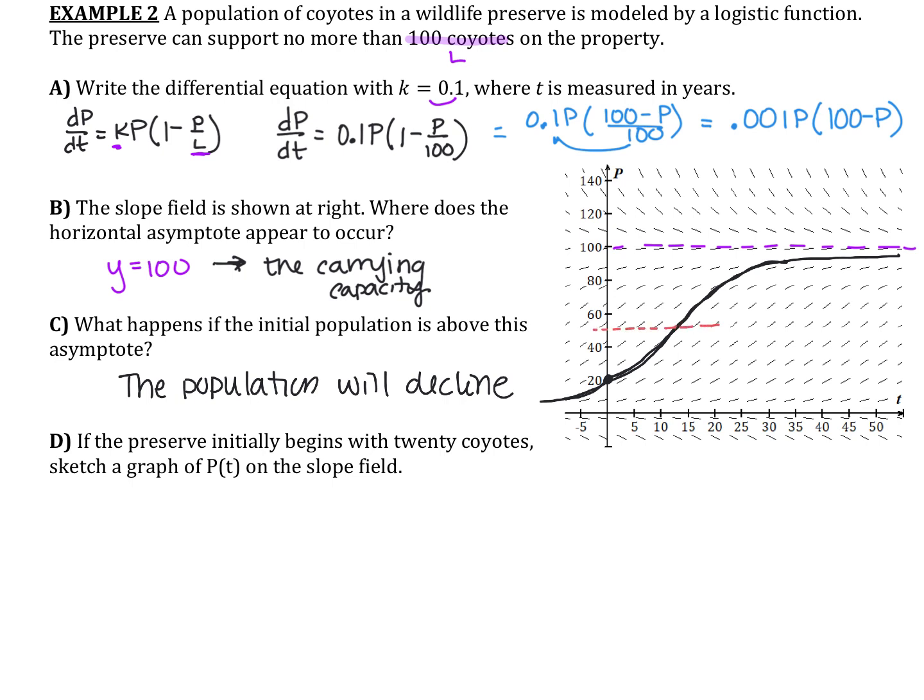And does it make sense that this point right here, we'll call it 12.5 maybe, does it make sense that at 12.5, this population is the quickest? Does this appear to be a point of inflection of this curve? And the answer is yes. So our max value of dp/dt would happen right there. That's our point of inflection.